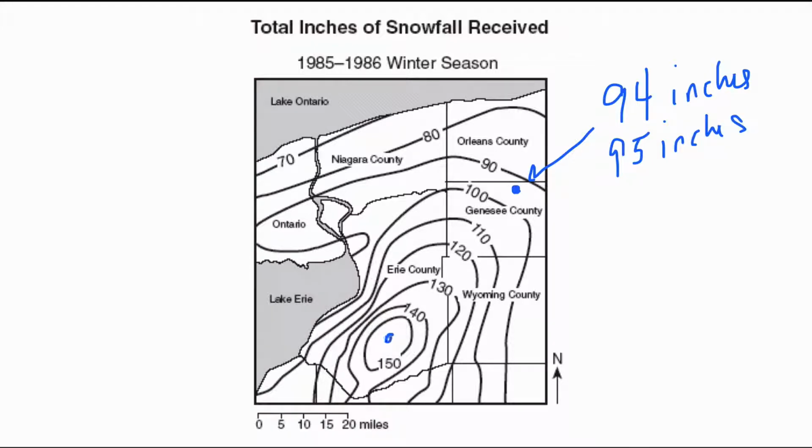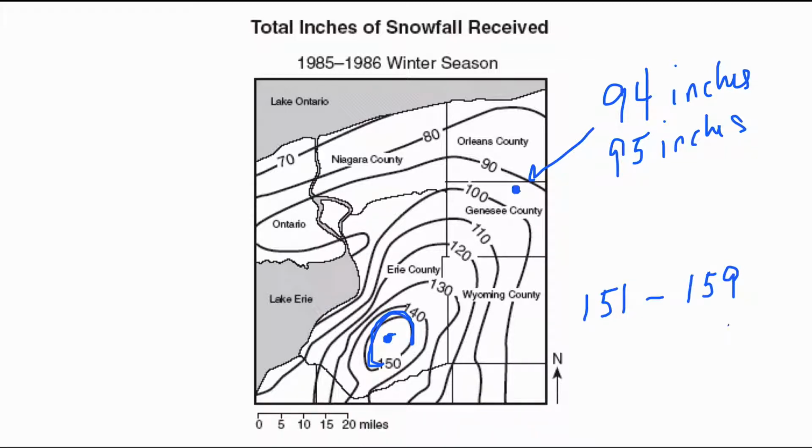If I asked you to give me the total snowfall at that exact dot, this one that I drew right here, it's not between two lines, it's really at the top of 150. So what would be an acceptable value? If anywhere on this line is equal to 150, inside of it, I have to be somewhere between 151 and 159.